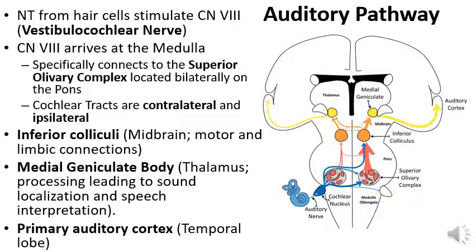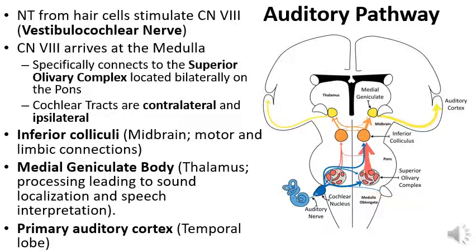It arrives at the brainstem. And when it does, it enters more or less bilaterally where we find the pons. And it connects with these two regions of brain nuclei called the superior olivary complex.